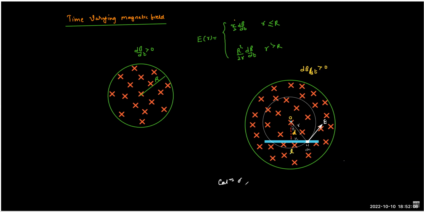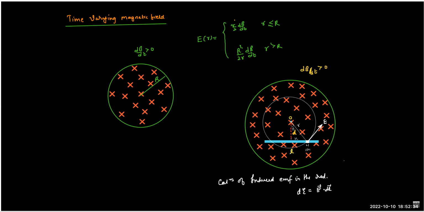The calculation of induced EMF in the rod. So now we have to go through the basic definition of EMF, that dε equals E dot dL, right?